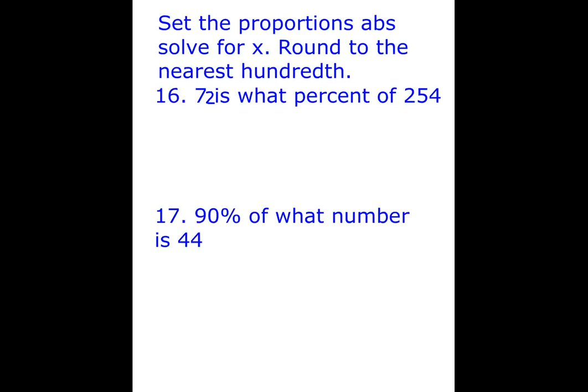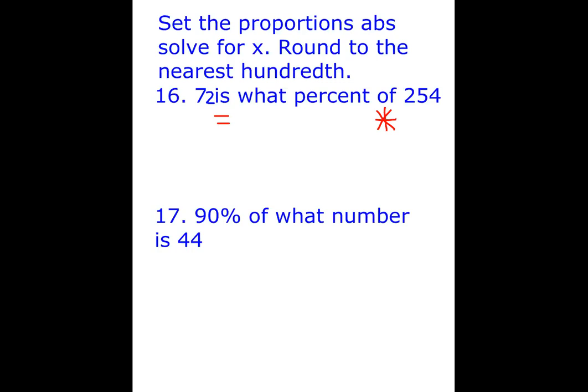So whenever you see the word is here, that means that it's equals. And remember from our previous section, of means multiply, right? So let's put that type of symbol for multiplication.